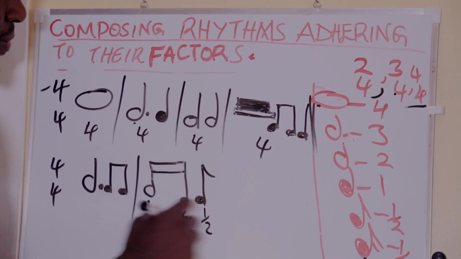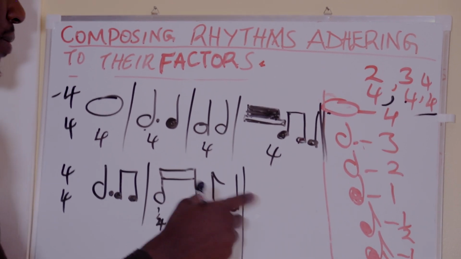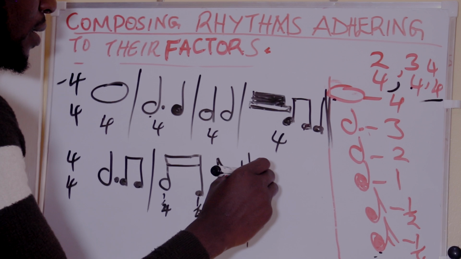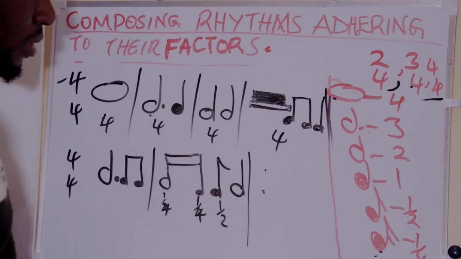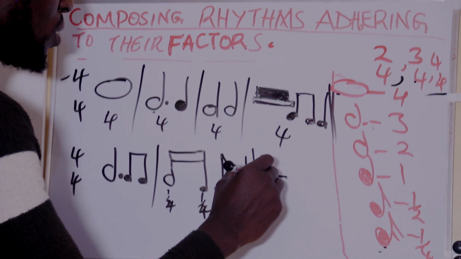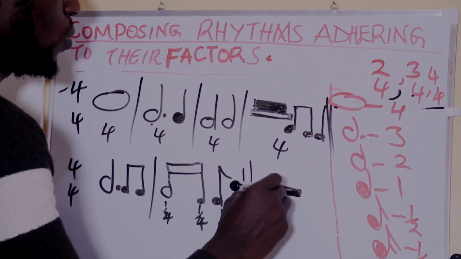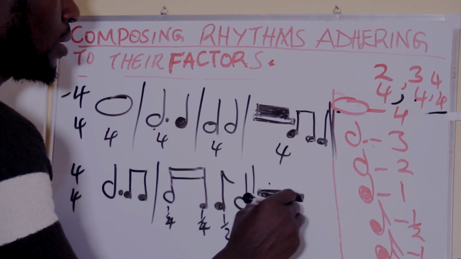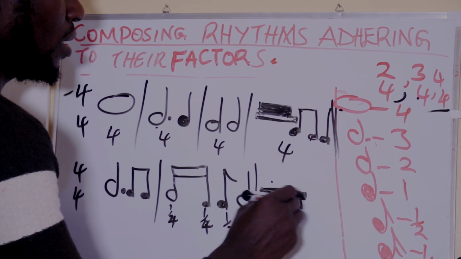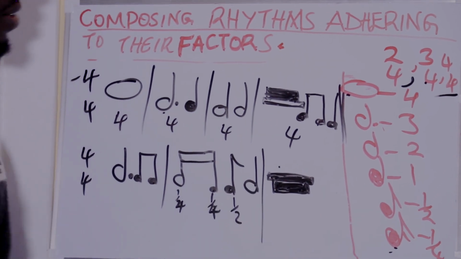Semiquaver, which is a half. That is now 2, and we have this. Then after that, we can have a rest. Which rest can we use? Let's use now the rest of our semibreve, and we are good to go. Always say this one is like an inverted crown. The rest of our semibreve is like an inverted crown.